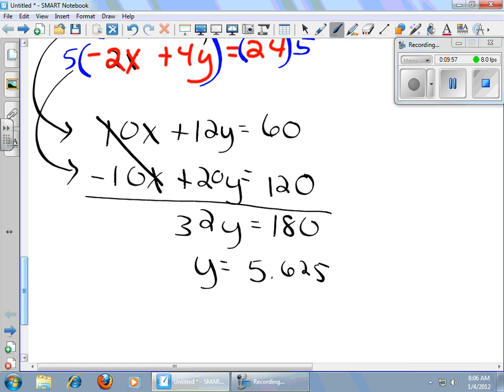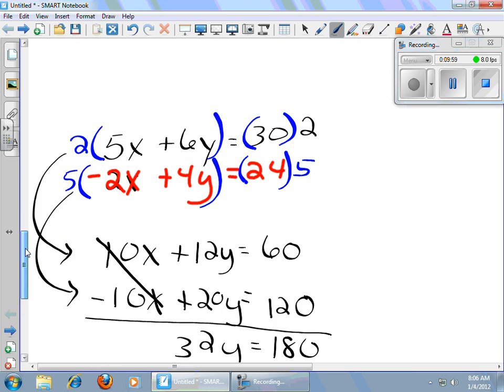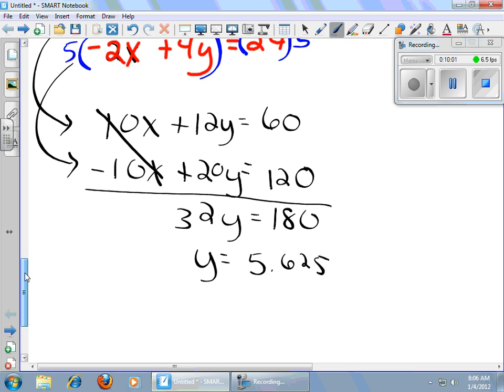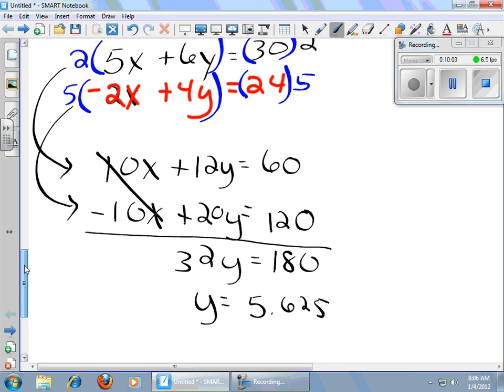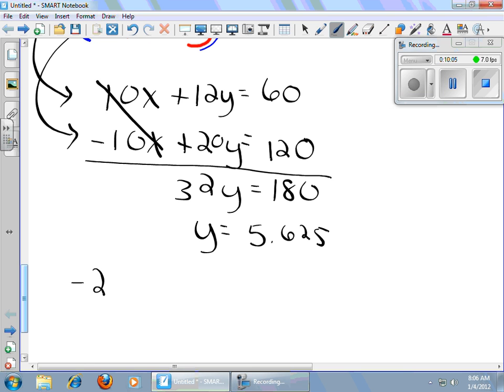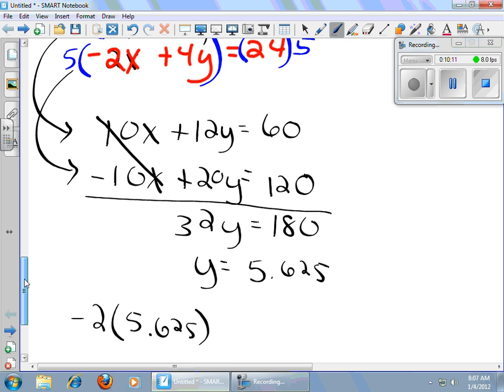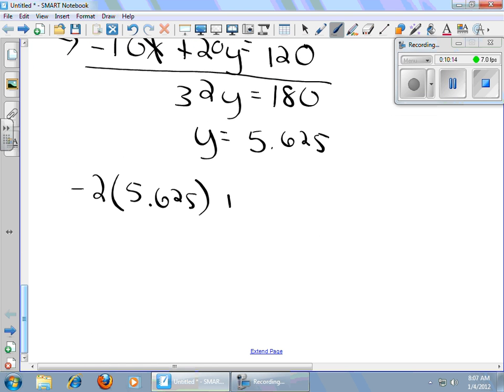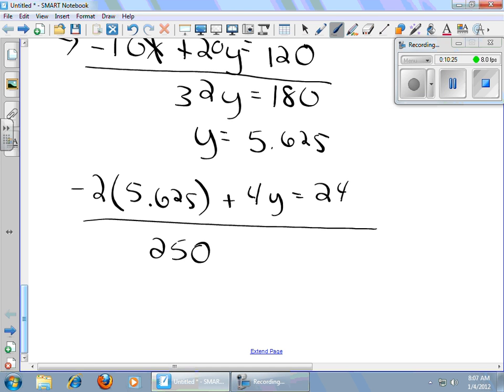All right, now I've got to solve for x. I think I'm going to plug it into the first equation. So I'm going to get negative 2 times 5.625 plus 4y equals 24. Okay, I don't know why I did that, but that's okay.